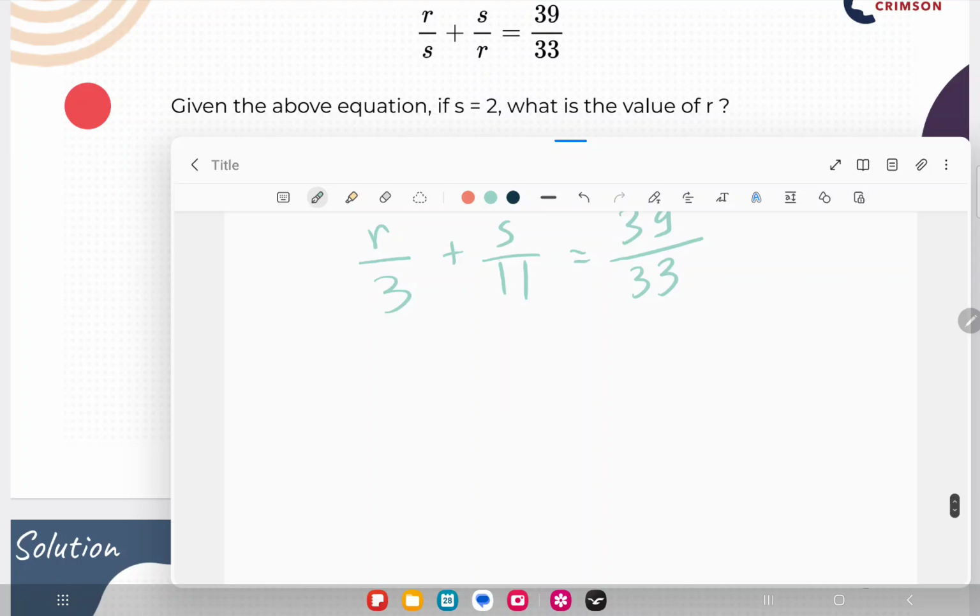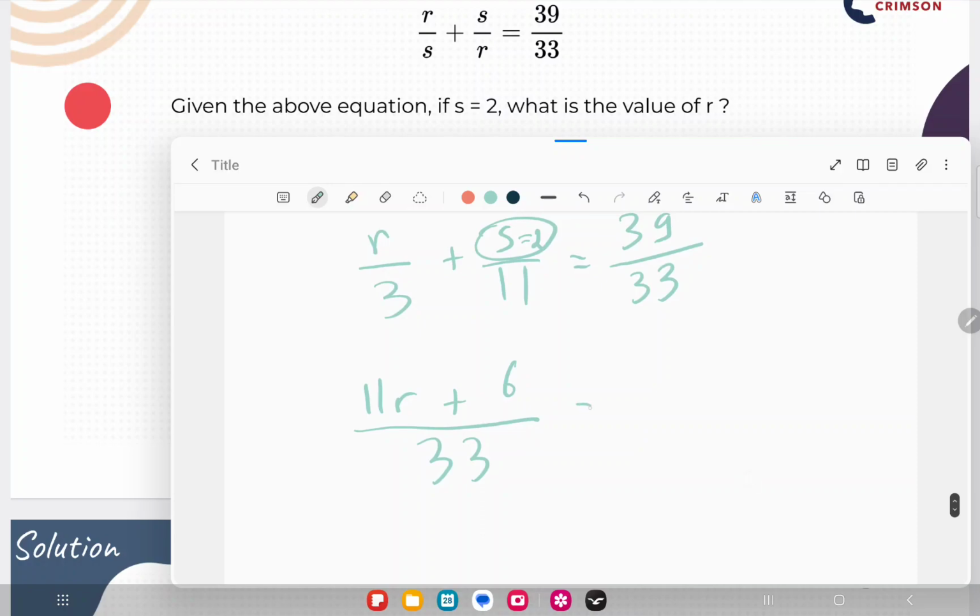So 11r plus, how much is s? s is equal to 2. So s is equal to 2 plus 3 times 2, 6 over 33, is equal to 39 over 33.